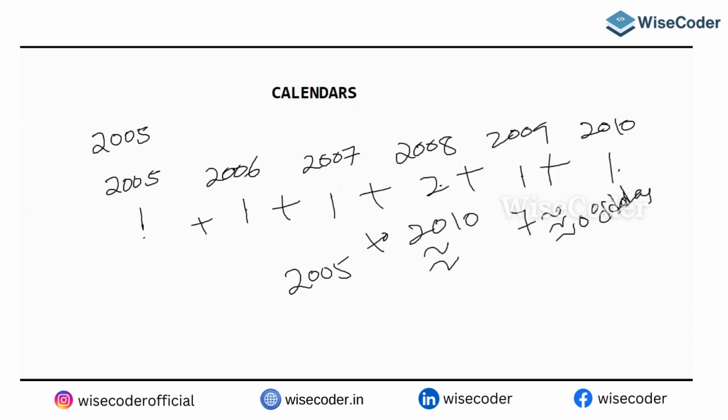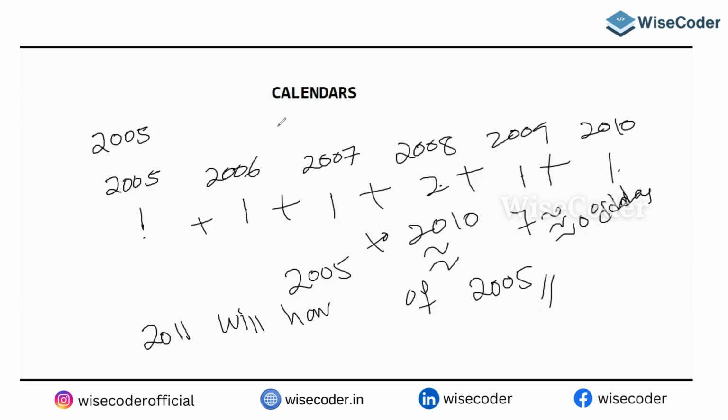Hence 2011 will have the same calendar as 2005. We'll see a similar kind of question.